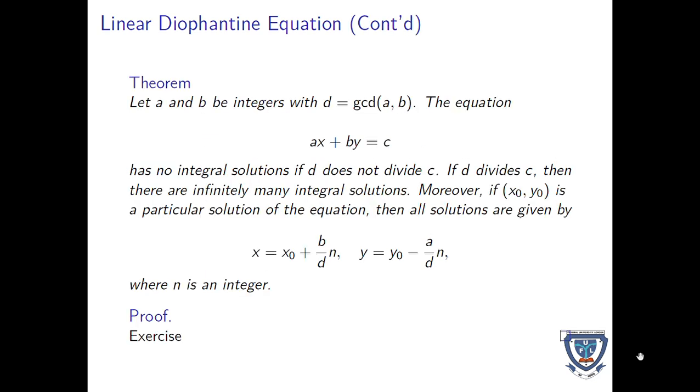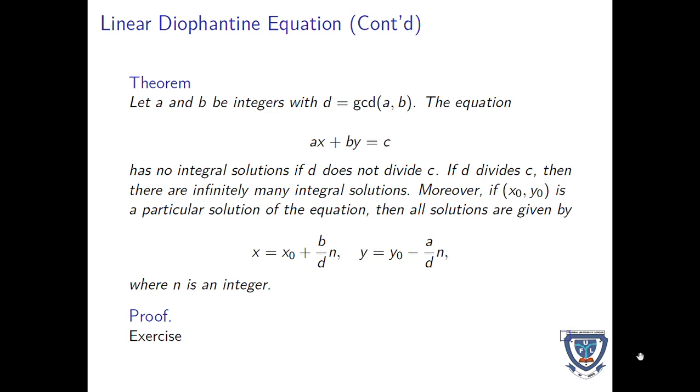Theorem: let a and b be integers with d equal to the greatest common divisor of a and b. The equation ax plus by equal to c has no integral solutions if d does not divide c. But if d divides c, then there are infinitely many integral solutions.